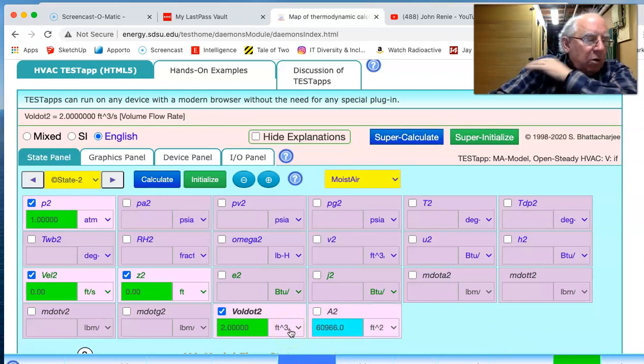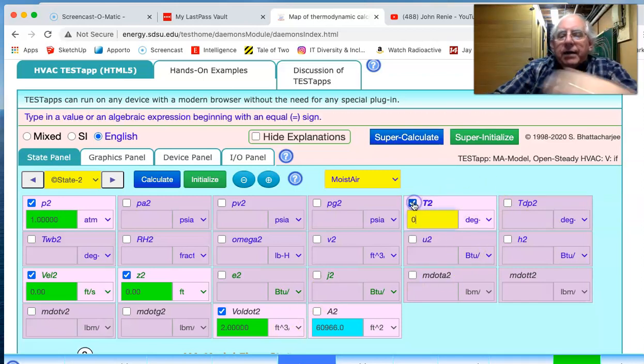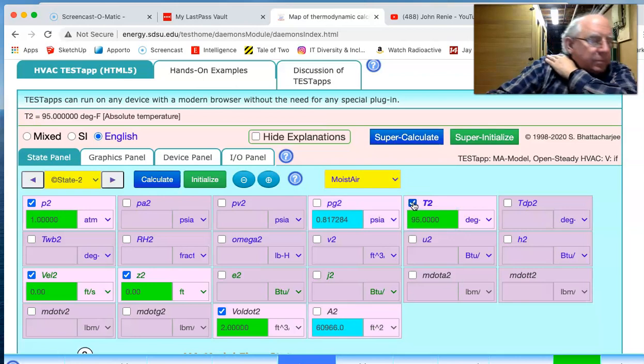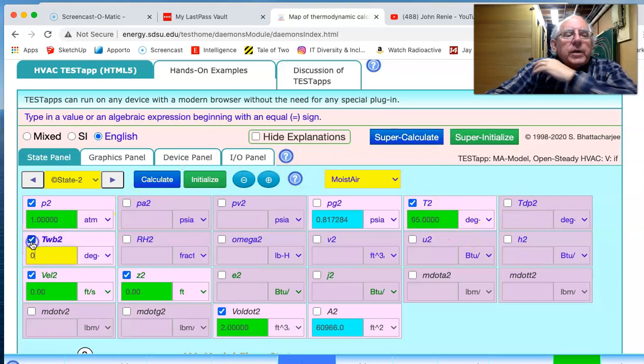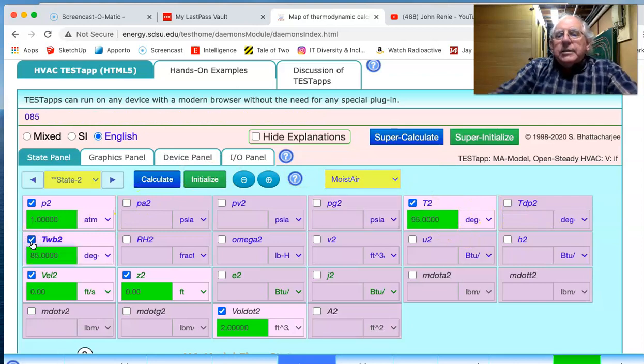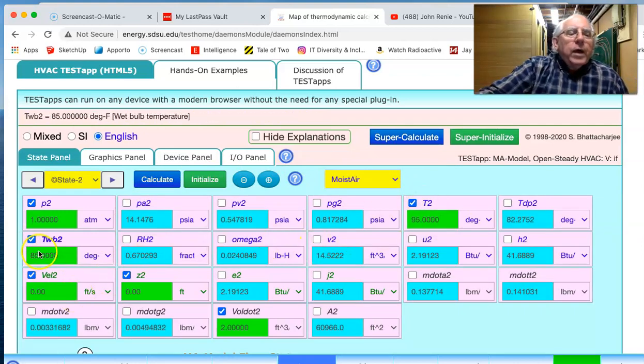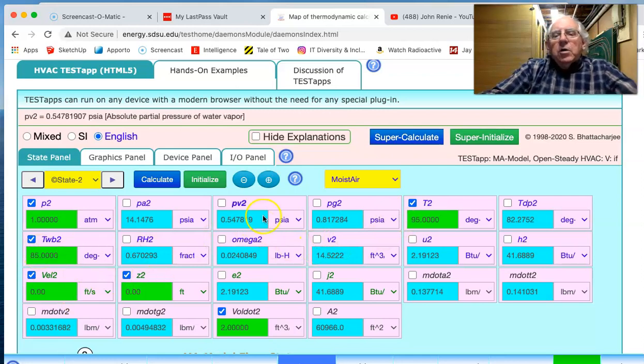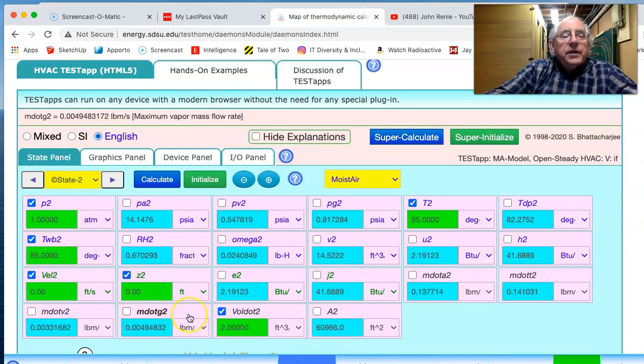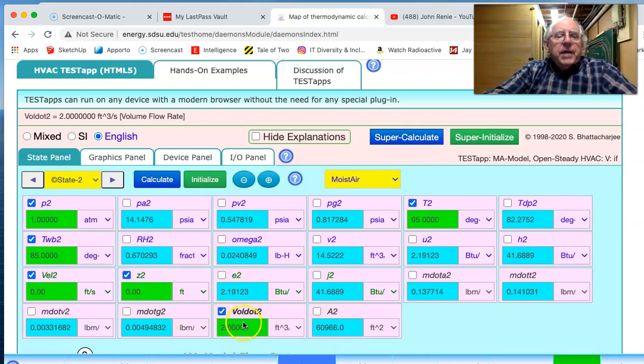And we also know that it is at a relatively warm 95 degrees and a wet bulb of 85. So we come over to here. It's not the dew point, but rather the wet bulb temperature. With those two plus the pressure, we are able to determine the state of the outside air that's being brought into the system.